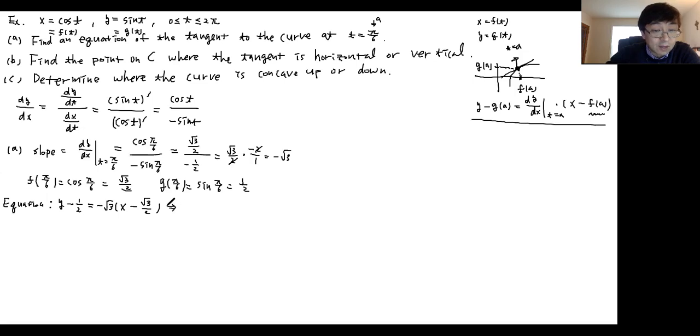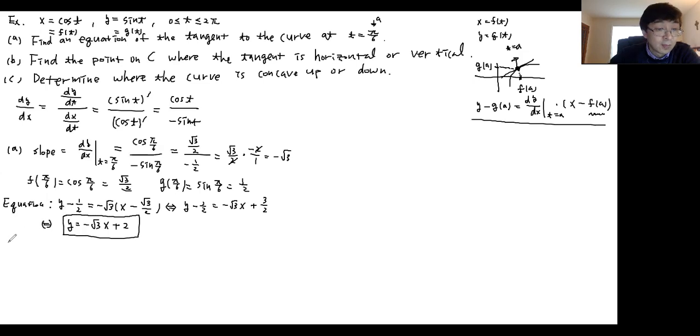So simplify. y minus 1/2 equals, distributing negative root 3 to the x and the minus root 3 over 2, negative root 3 times x plus 3 over 2. You add 1/2 to both sides. 3 over 2 plus 1 over 2 is 2. So the final answer is y equals minus root 3 x plus 2. This is the equation of the tangent line.